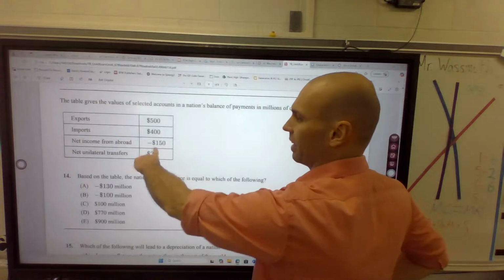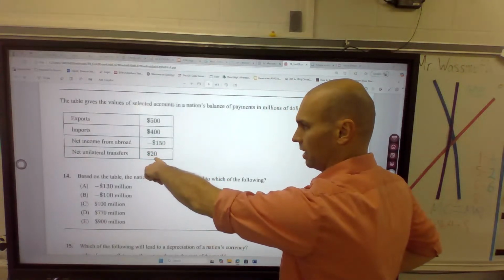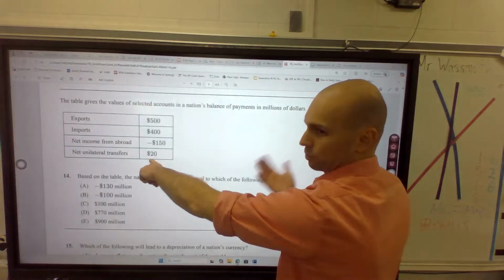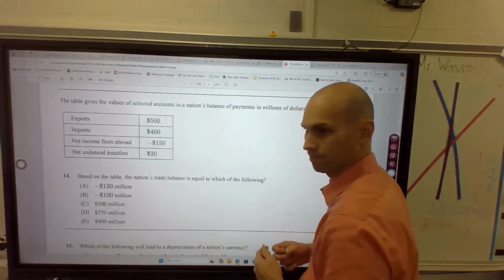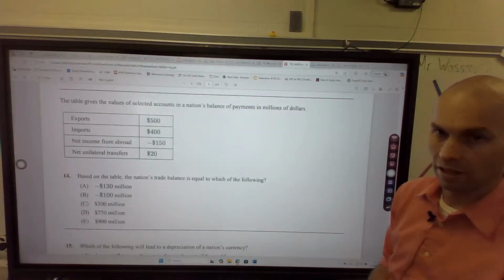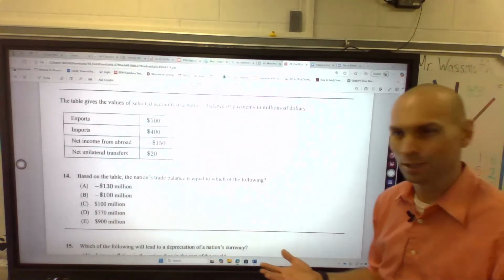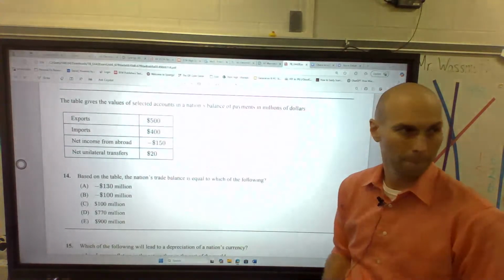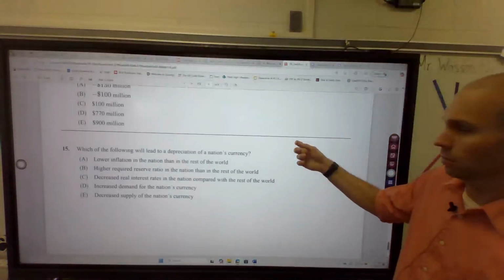Net income, they've already done that. So it would be plus 100, so that'd be negative 50. And transfers, we'll say transfers in is 20. So it's actually going to be negative 30. That would be the current account balance. And then if I said, what's the financial account balance? Positive 30, yeah, there you go. Good enough. All right. Any more?